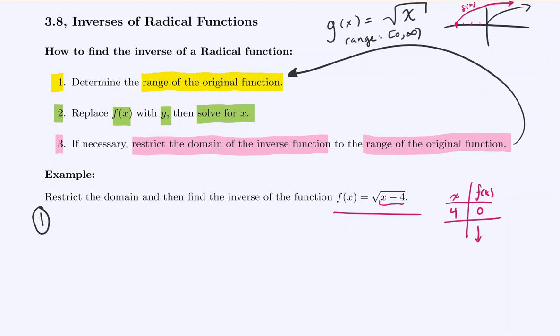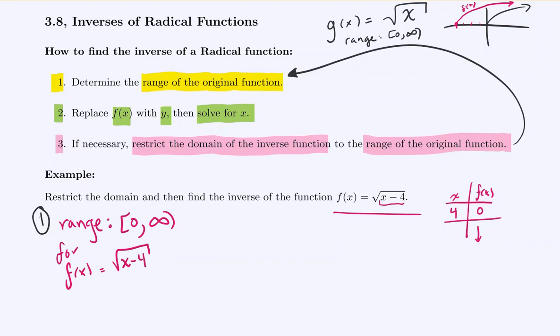So that's kind of 2 ways of how we could think about the range of this function, either by reasoning based on its graph or by its equation, what we know about square roots. So the range starts at 0 and it goes to infinity for our function f of x equals the square root of x minus 4.